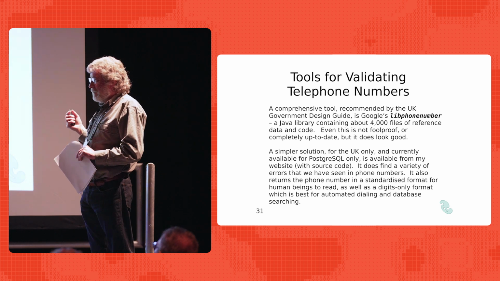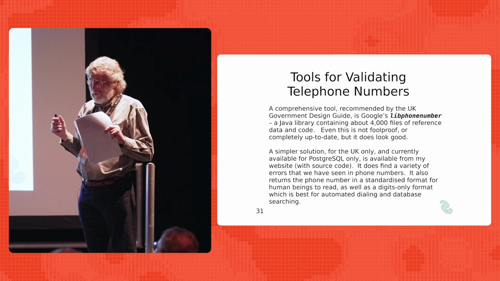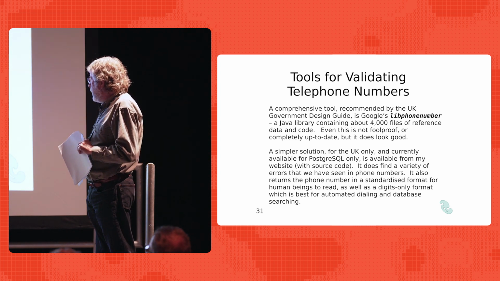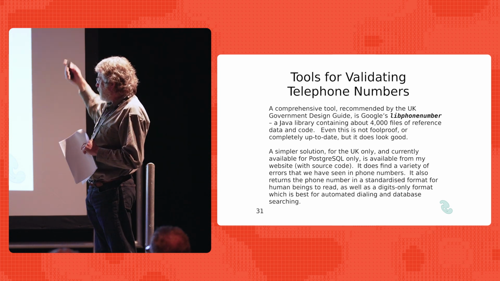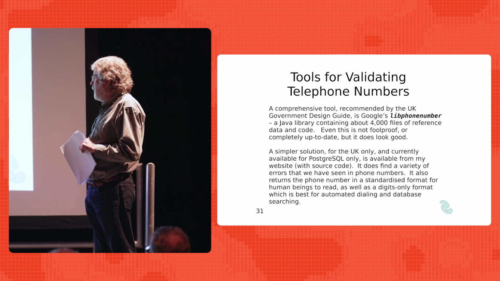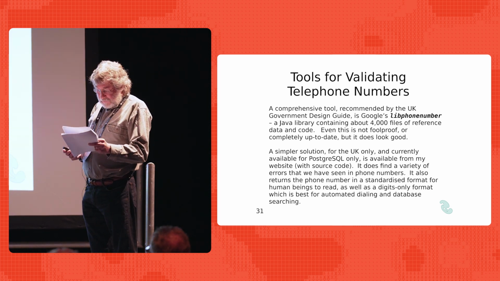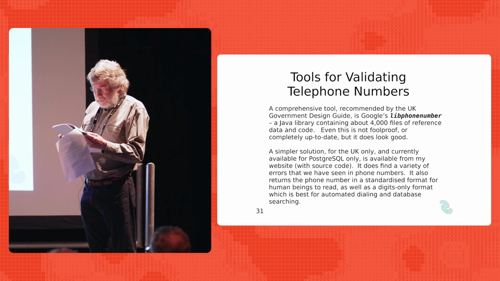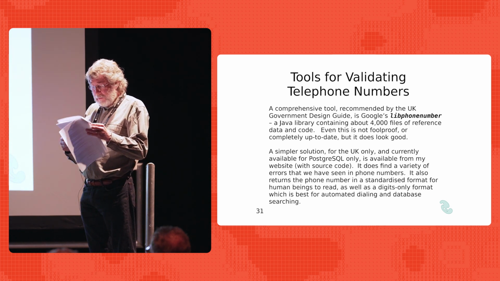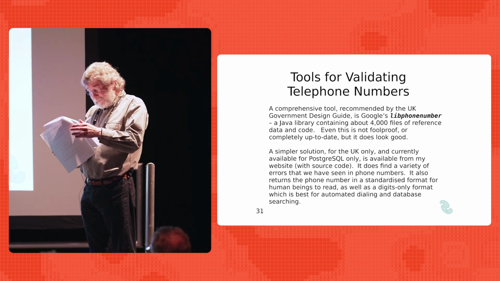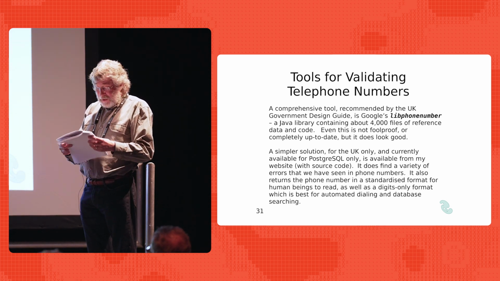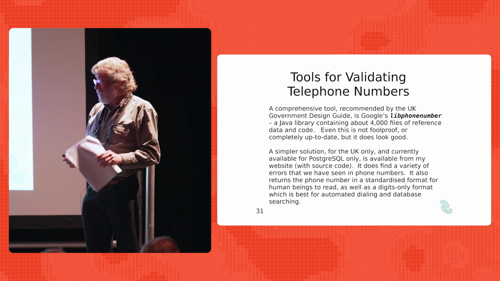Where I was working, they didn't want Google stuff and 4,000 Java files, so we wrote something simpler, and the source code is available, but it's nowhere near as comprehensive as that. We use reference data from Ofcom for the UK numbers and from something called the International Telecommunications Union, which gives you all the country codes.